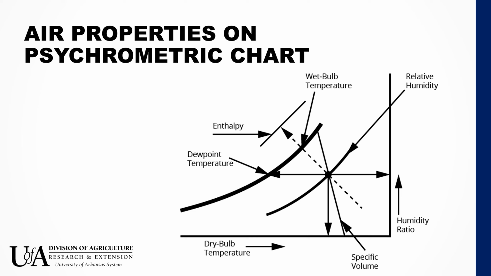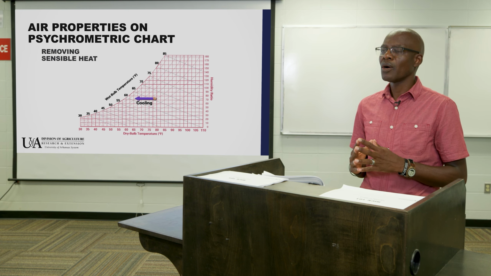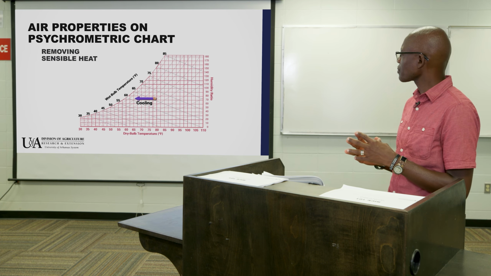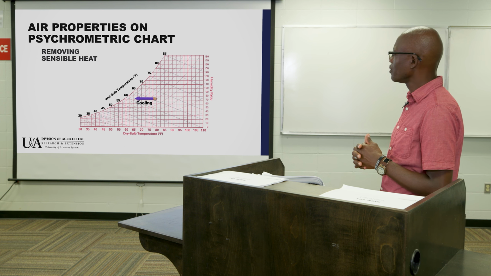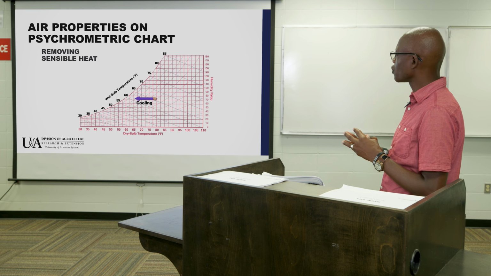And so once we know some of the parameters, and we are able to locate the process on the chart, we should be able to find all the other parameters. And we'll describe that as we go along in this lecture. To begin with, let's assume we have air that is being cooled, and we know its temperature, and we know also its humidity.